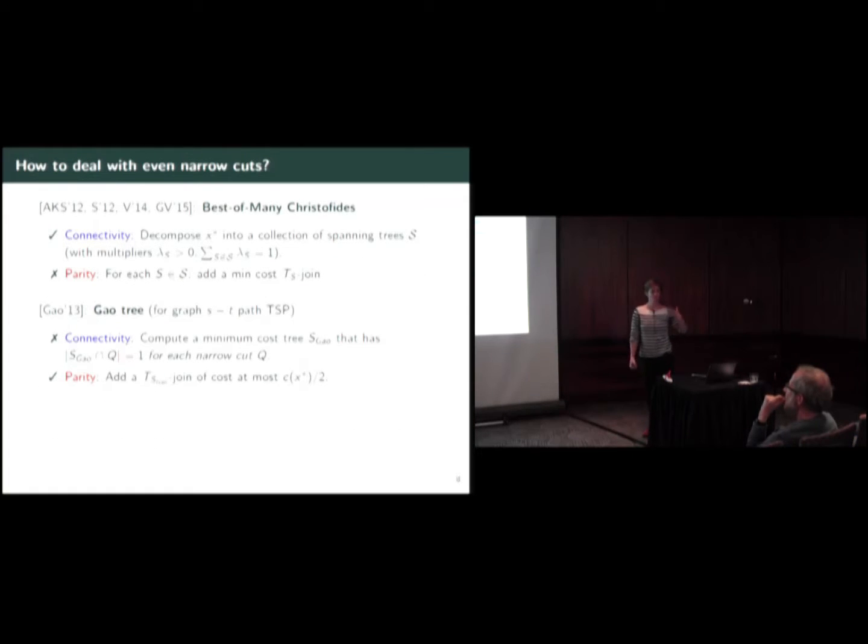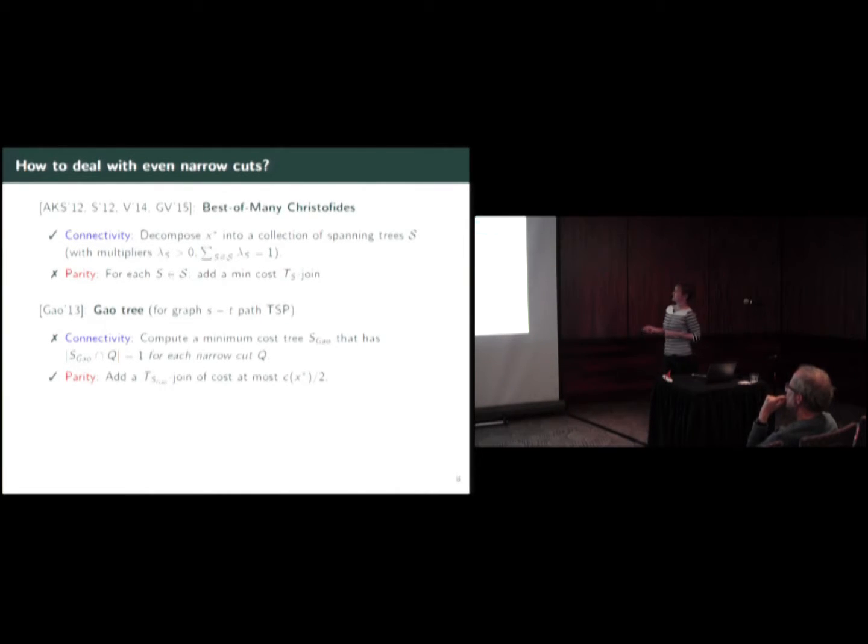Okay, so how do we deal with these even narrow cuts, right? So they're only a problem if the tree has an even number of edges across the narrow cut. And so Karlin, Klein and Oveis Gharan proposed this variant of the Christofides algorithm called best of many Christofides. So you decompose the LP solution into a collection of spanning trees. Then not all of those trees are going to be even across a narrow cut.